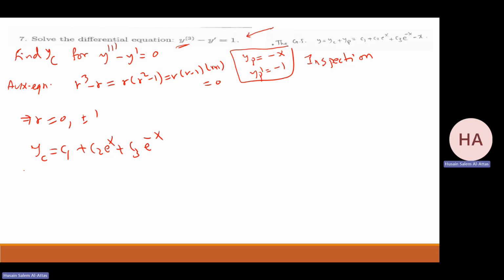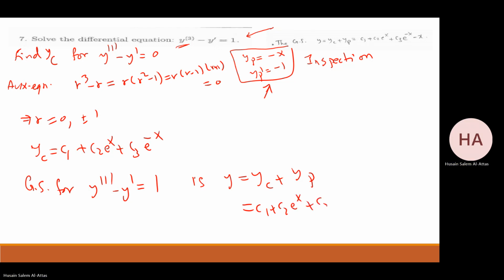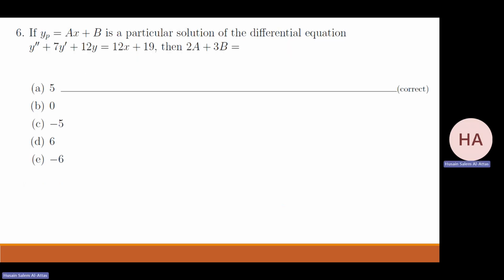What will be the general solution for this equation? Since I know yp, y equals yc plus yp, and that is this. And I know yp easily, just by inspection, minus x. So that will be my answer, which is this.